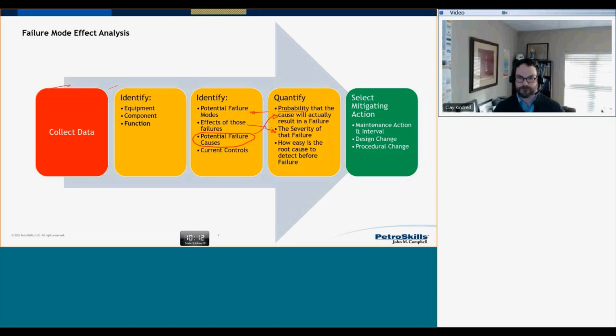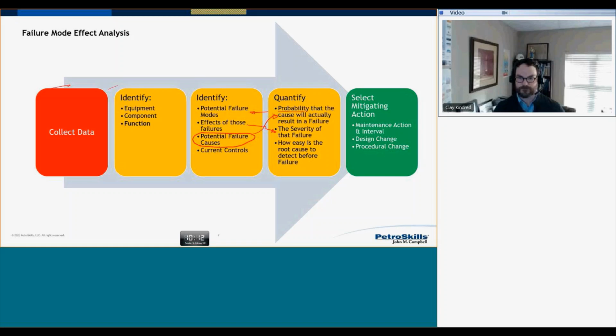If we're talking about a wash pump, maybe a domestic water pump for the accommodation block, the severity is not too bad. You might get smelly people for a day or two because they can't shower. But you see the difference we've got now in severity.